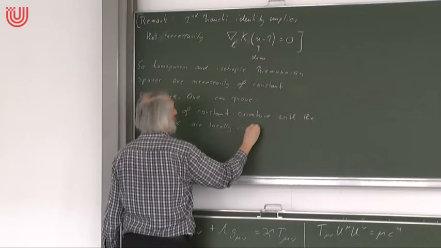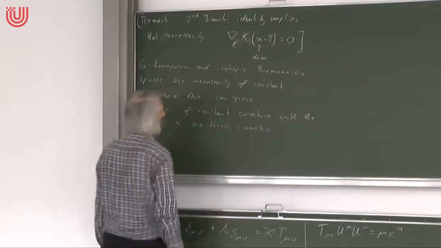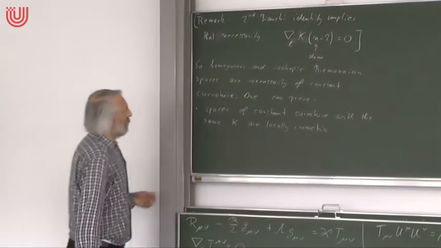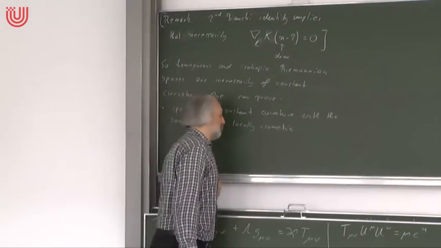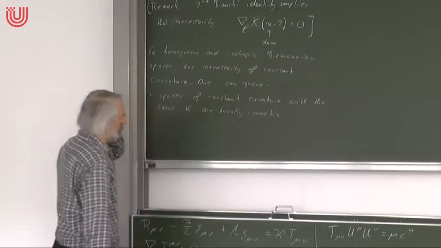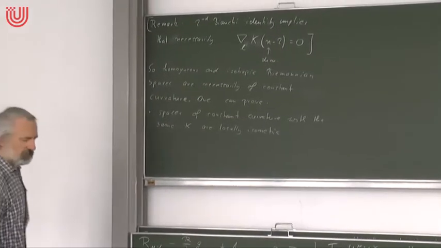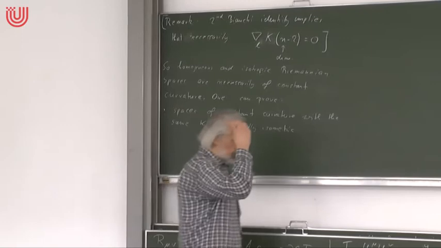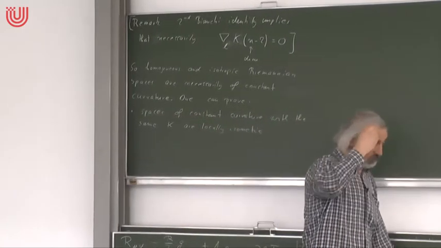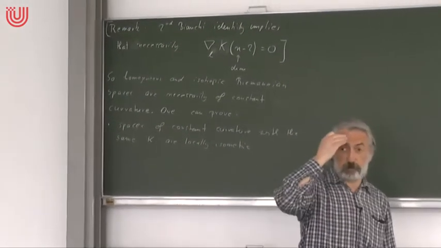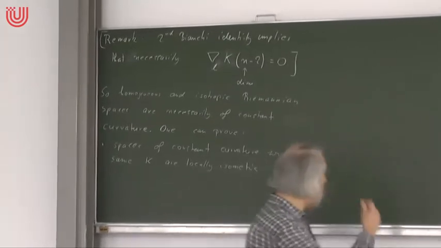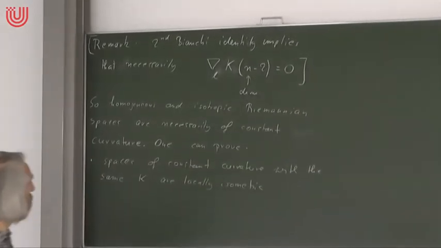So they are locally the same as Riemannian spaces. Well, the proof is not very difficult, but it takes some time. And I remember it is given in full detail, for instance, in the old book by Eisenhart, Riemannian Geometry. There you can find a full proof of this statement.